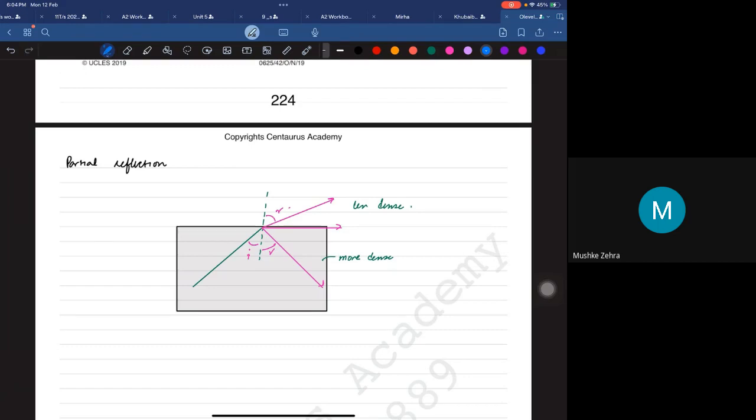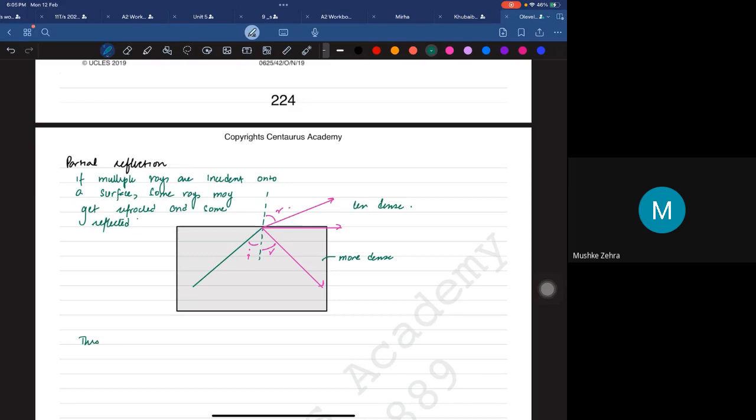Okay. So it means that if multiple rays are incident onto a surface, some rays may get refracted and some reflected.